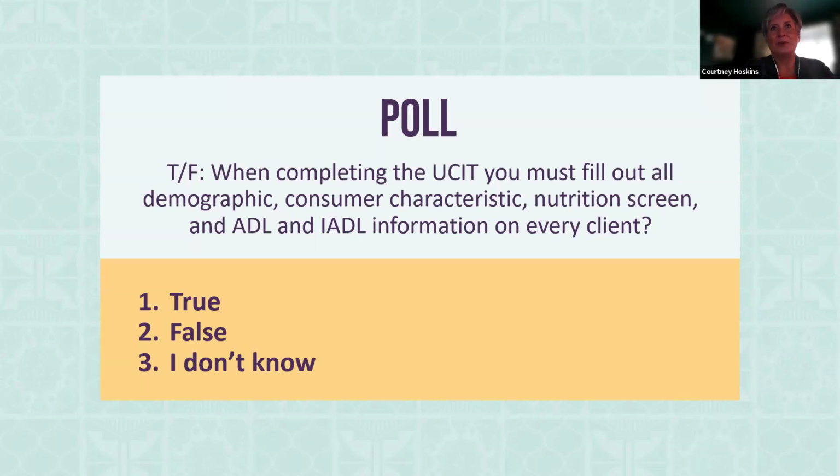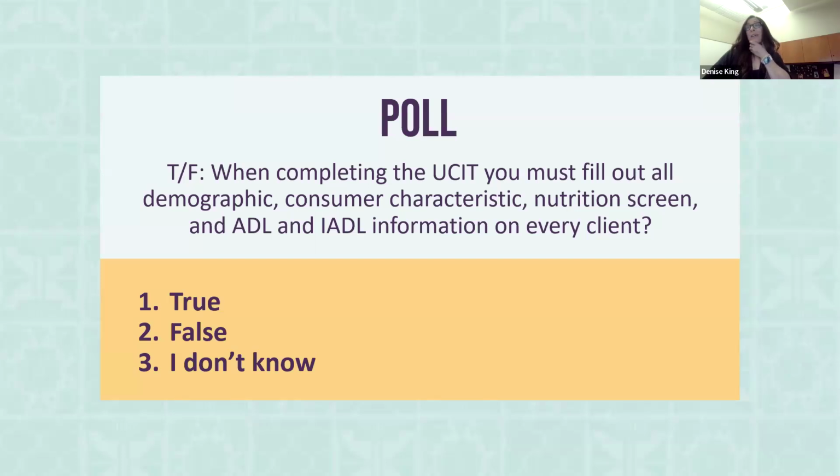All right, Denise, you're on mute. I'm going to go ahead and end the poll. We have 96 out of 96 responding for 100%. And we had 60% say true and 40% said false.